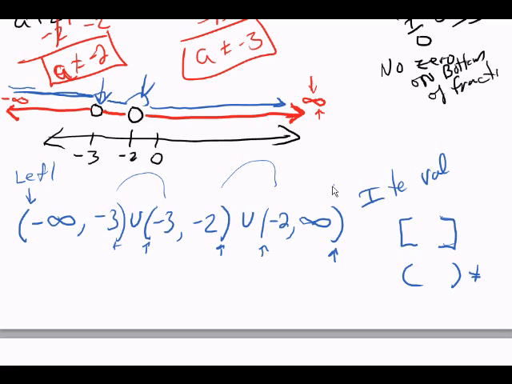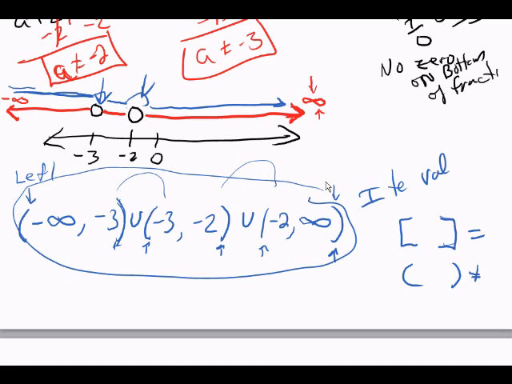Do you see how we said it does not equal -3? You can never touch infinity, so that's why we always have a parentheses next to infinity, because you can never touch it. We're not touching -2. We stopped on one side and then we jumped over. So these parentheses mean it does not equal. If you see brackets, that means it equals that specific number.